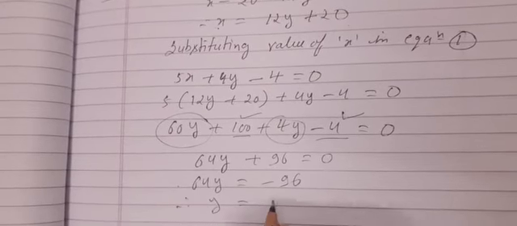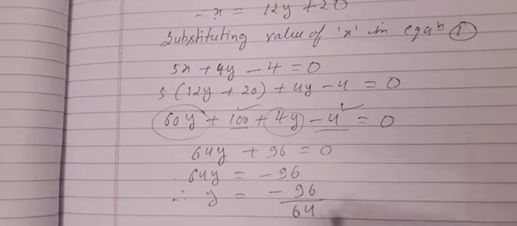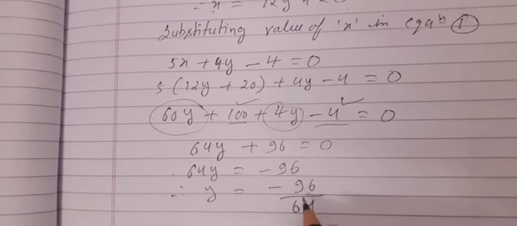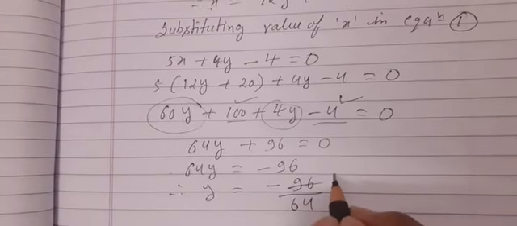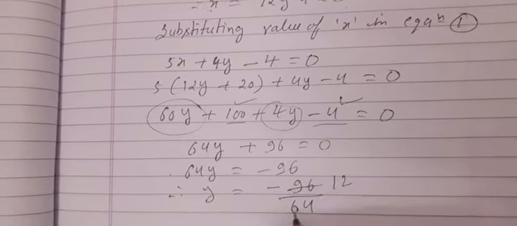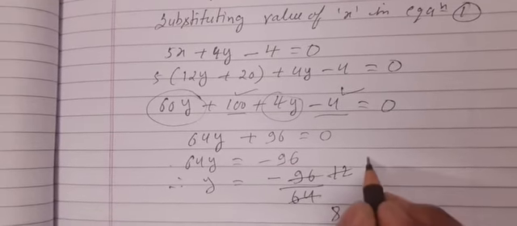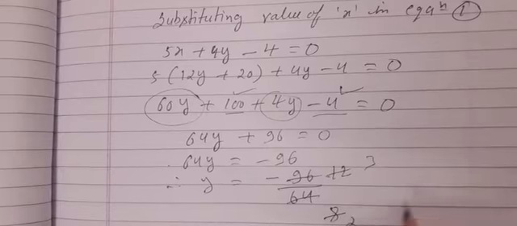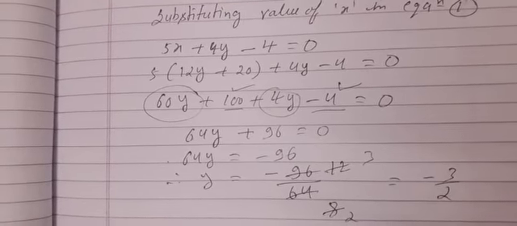Therefore y is equal to minus 96 upon 64. When we cancel it, 8 ones are 8, 8 twos are 16... and 8 twelves are 96, and 8 eights are 64. Again 4 threes are 12, 4 twos are 8. So y is equal to minus 3 by 2, right?